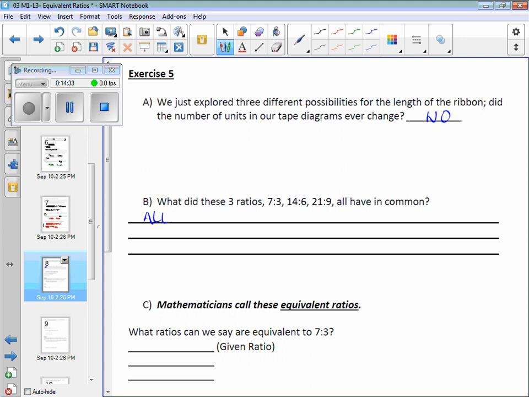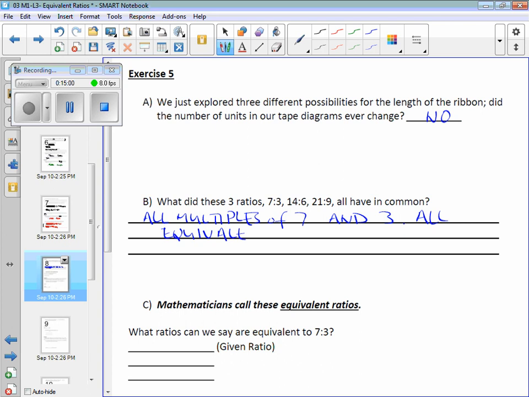All multiples of 7 and 3. I'll write out the word and. Anything else? Liam? Yeah, they happen to also be something called equivalent ratios.